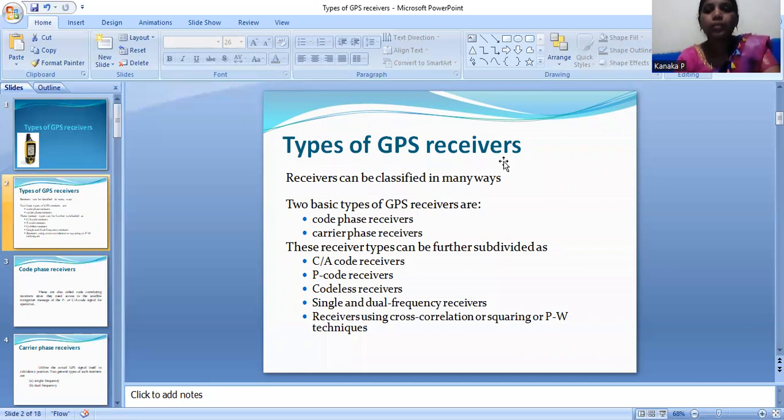First, there are two basic types of GPS receivers: code-based receivers and carrier-based receivers. These can be further subdivided into C/A code receivers, P code receivers, and codeless receivers; single and dual frequency receivers; and receivers using cross-correlation, squaring, or P2W techniques. This is the classification of GPS receivers.